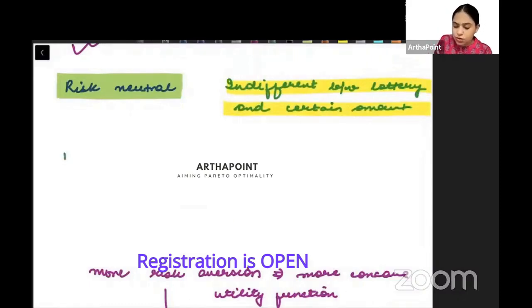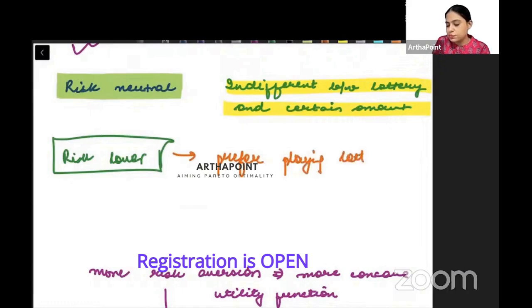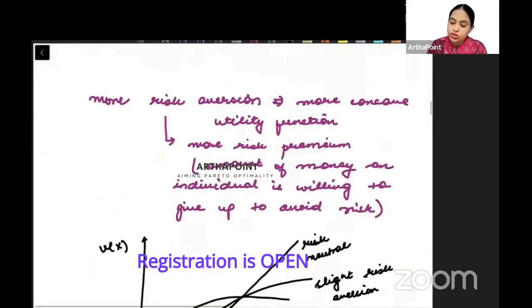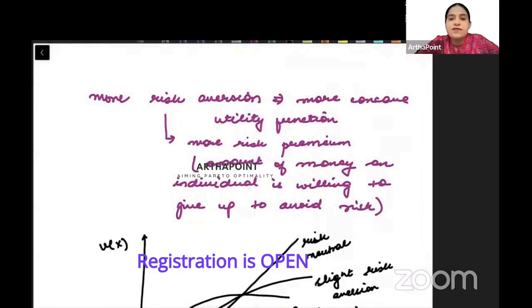And when we talk about a risk lover kind of individual, जब हम एक risk lover की बात करते हैं, this risk lover will prefer playing a lottery. Now, देखो, again, this is what you have done in the uncertainty chapter, हाँ? हमने ये risk chapter में अच्छे से, we have done this in microeconomics itself.